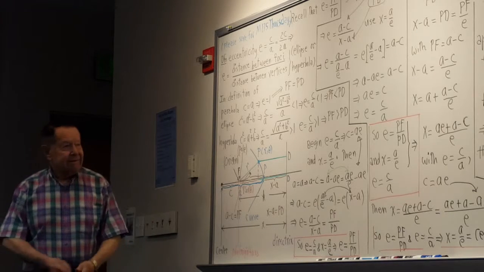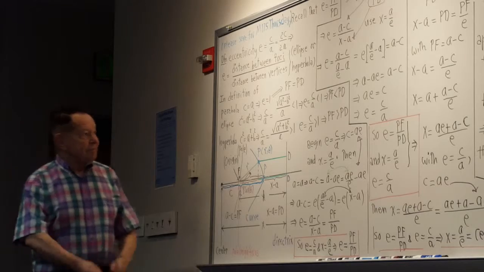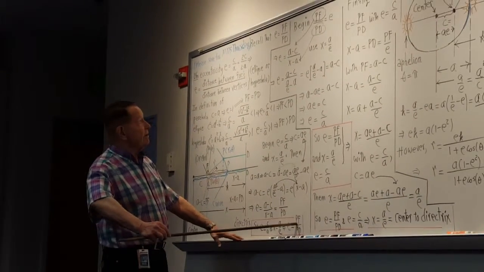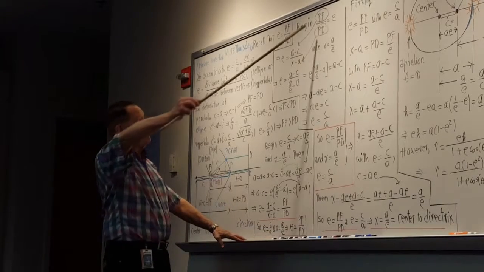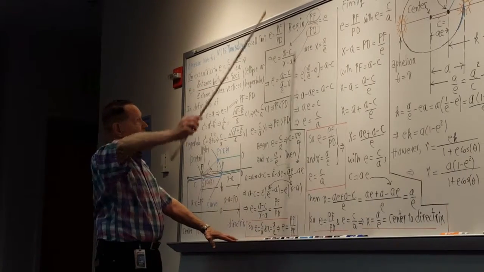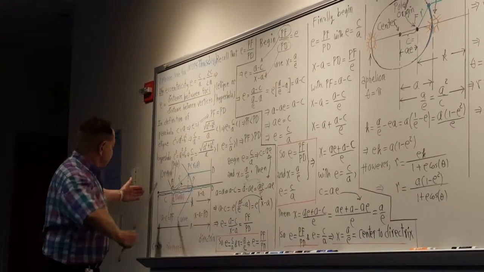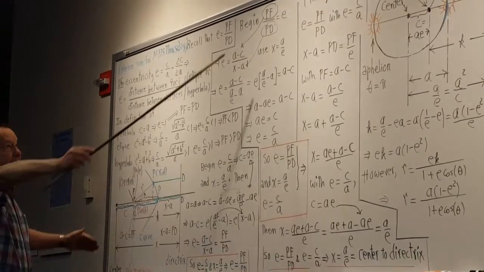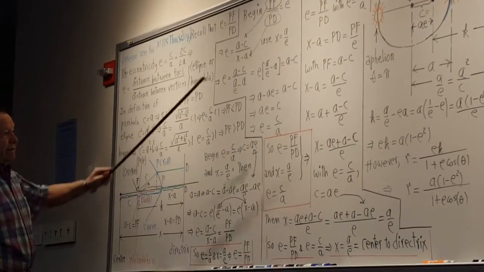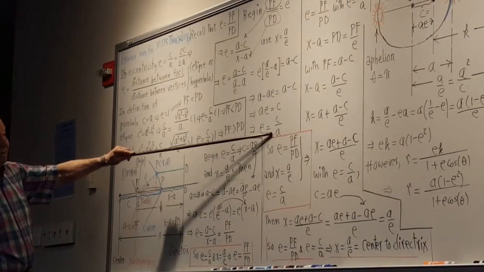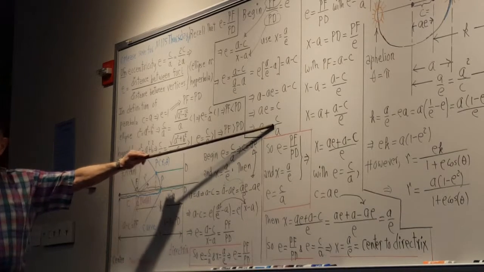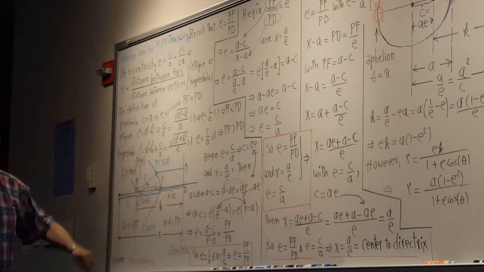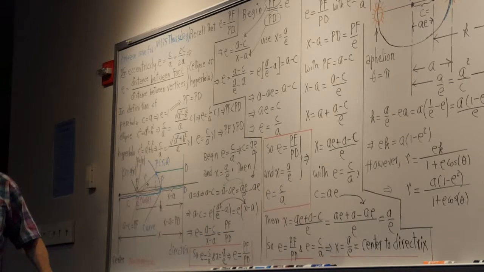Next, what I'm going to do is begin with this ratio of distances being e, and use again that the x from center to directrix has to be a over e, and conclude this has to be true about eccentricity. See, that would be this over here. That's what I'm going to do now.